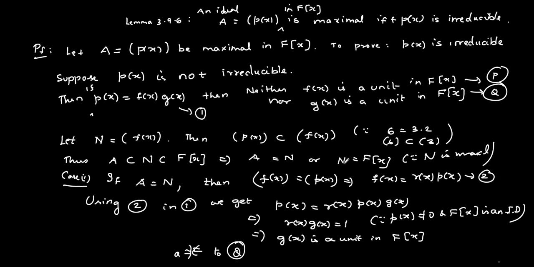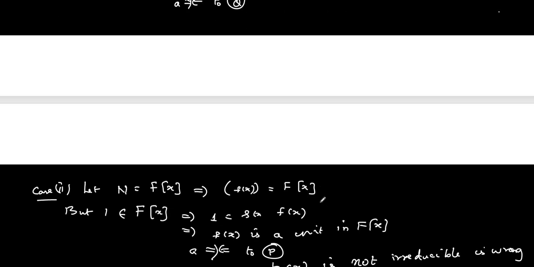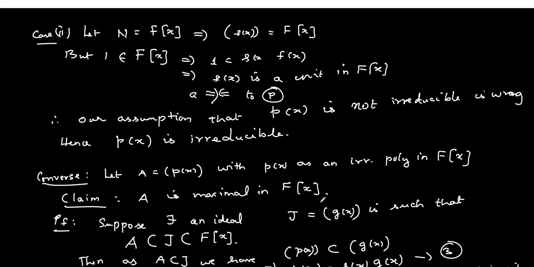Now we will consider the next case when N equals F[x]. So case 2 is: suppose N is equal to F[x]. So this means N generated by f of x equals F[x]. But we know that 1 is a member of F[x]. So that means that 1 should be written as the product s of x into f of x. So this says that f of x is invertible.